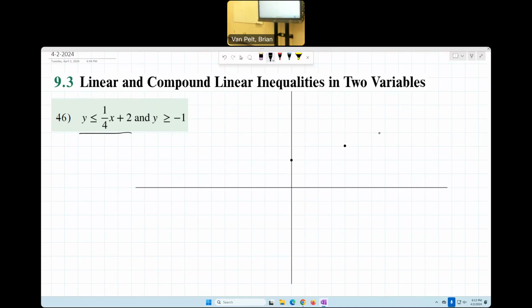And continue in that fashion. Connect these with a line.